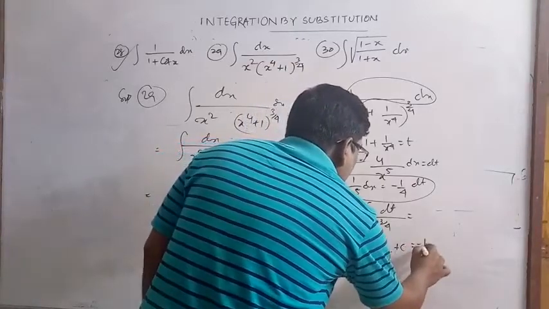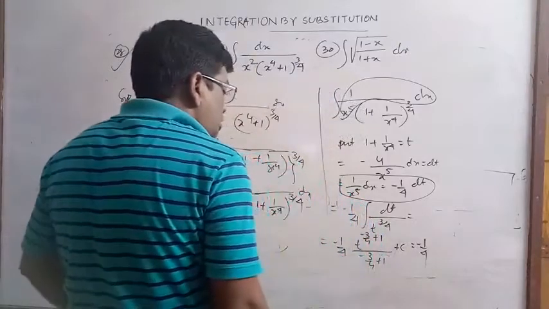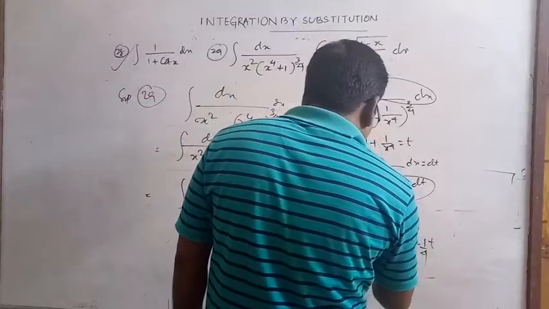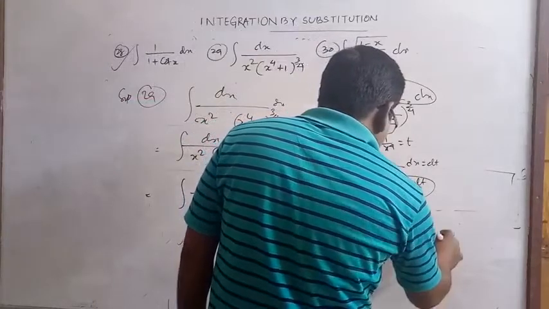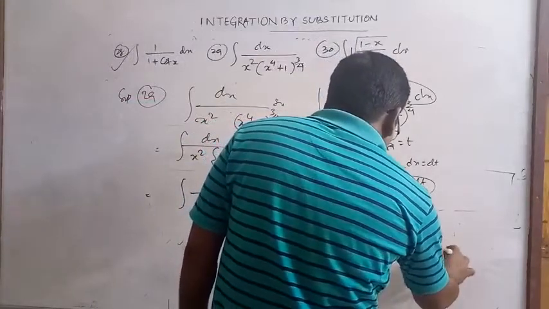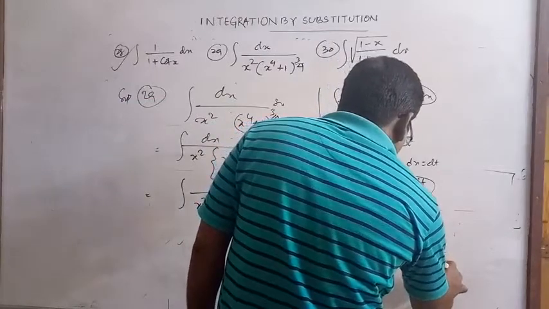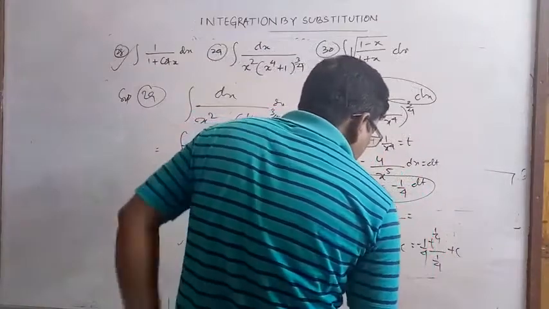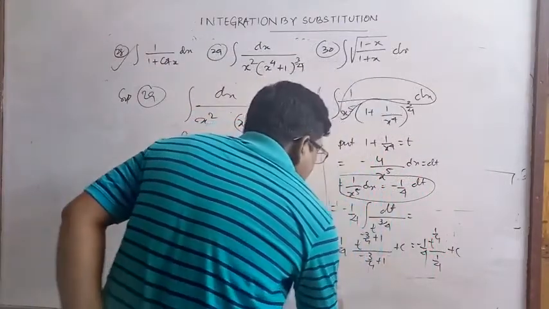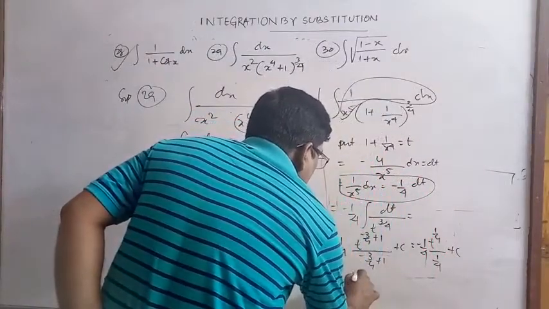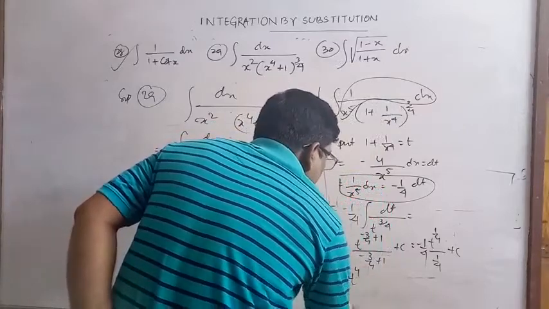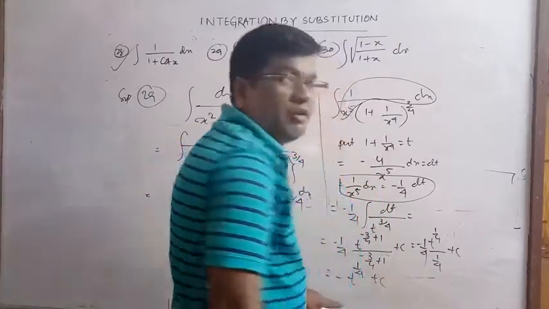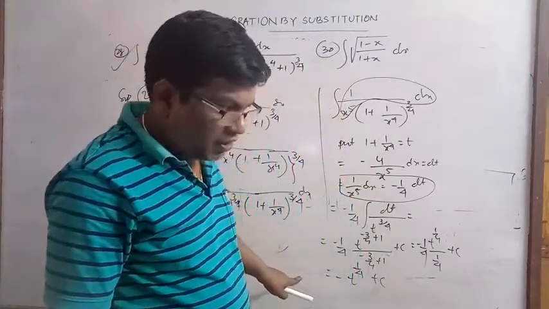This is equal to minus 1 by 4 times t to the power 1 by 4, divided by 1 by 4, plus c. So the 1 by 4 cancels, and this is equal to minus t to the power 1 by 4 plus c.